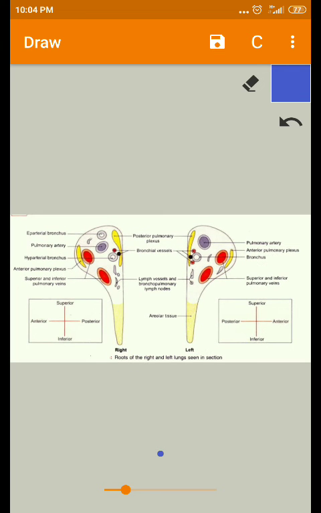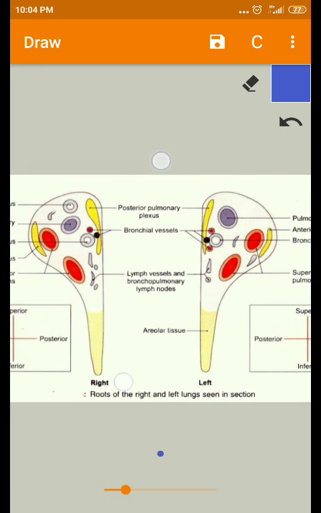Then the bronchial arteries: one on the right side and two on the left side. Here you can see these bronchial vessels around the principal bronchus. On the right side only one bronchial artery is present, but on the left side you'll have two bronchial arteries and one bronchial vein in between them.